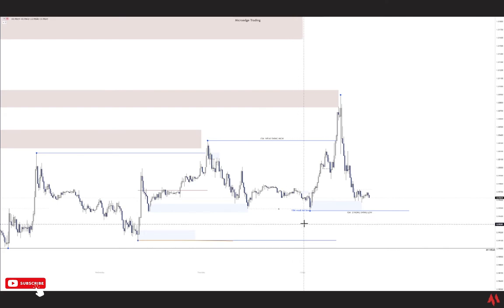Now getting to Friday during London, we had a 15 minutes bullish CHoCH over here, which was a silly trade that I took, but I was actually happy with the risk because I actually know what I was doing.